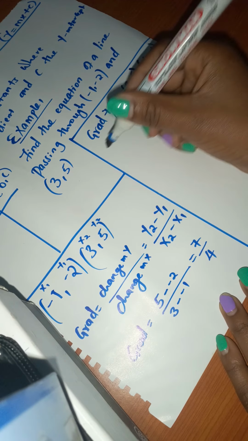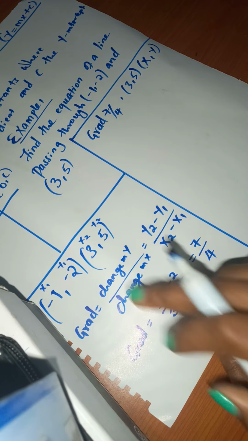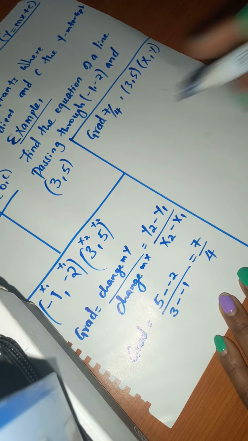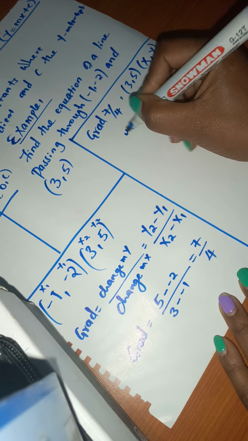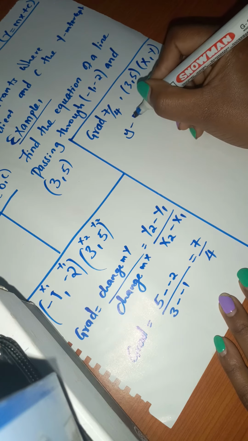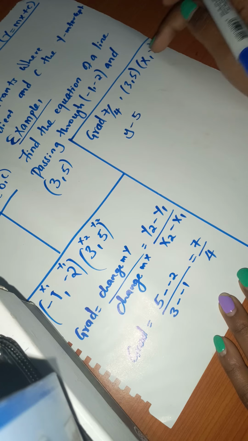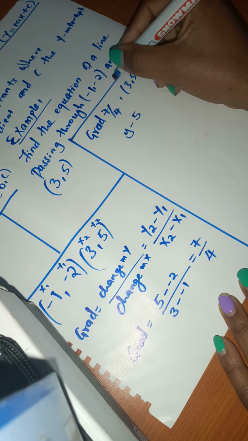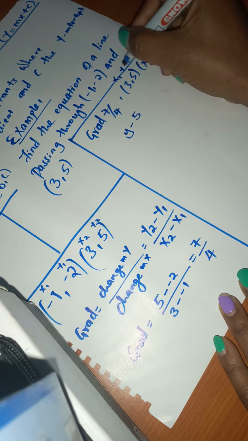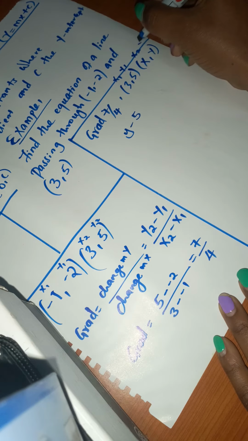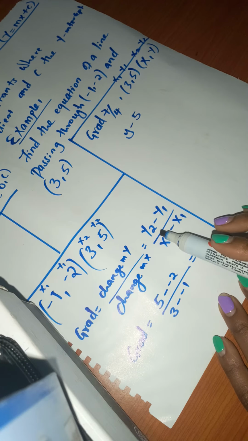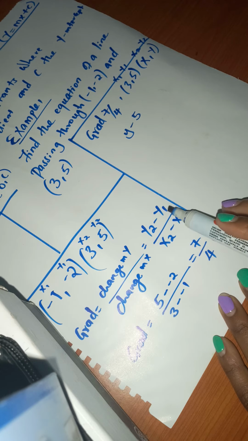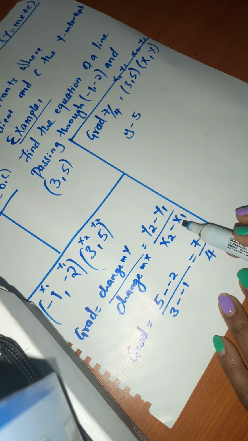In that case the gradient is still equal to the change in y over the change in x. So we have x1, y1, x2, y2: y2 minus y1, over x2 minus x1.